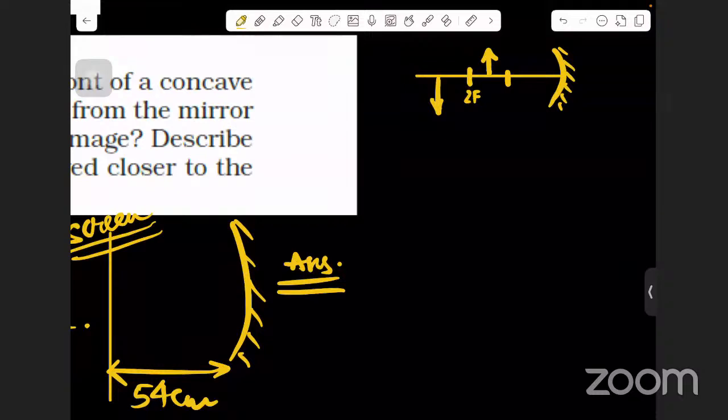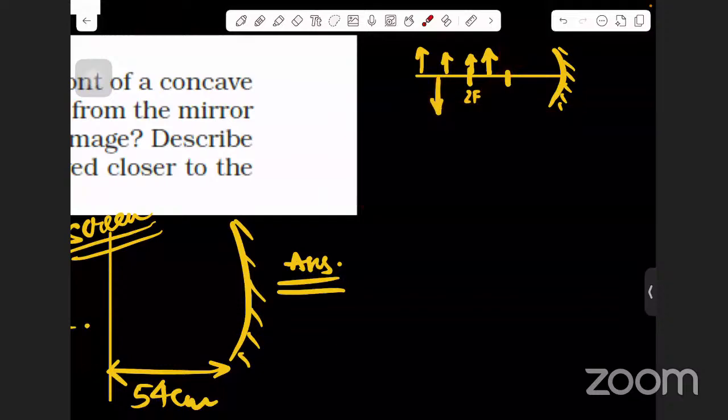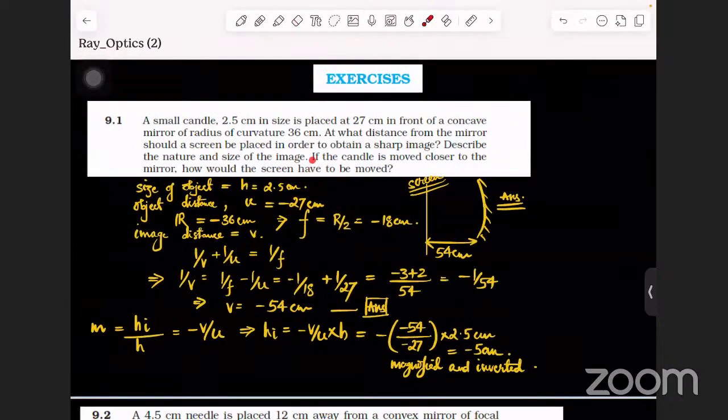So from these illustrations, you can very well visualize that as the object position keeps coming closer to the concave mirror, the image keeps on going away and away and away. If the object is at focus, the image is at infinity, right? You all know this. So, what's the question asking? If the candle is moved closer to the mirror, how would the screen have to be moved?